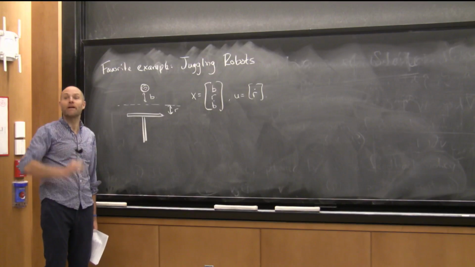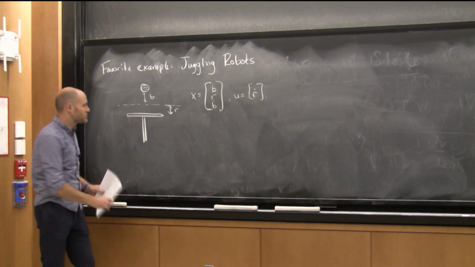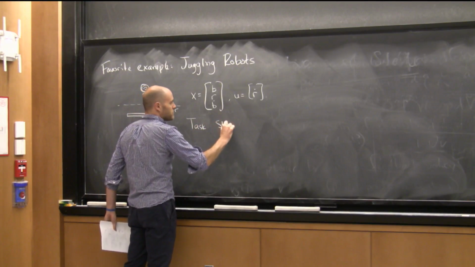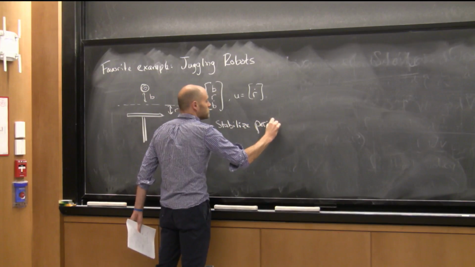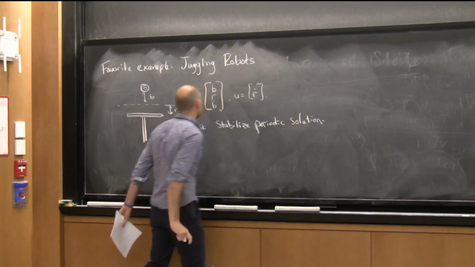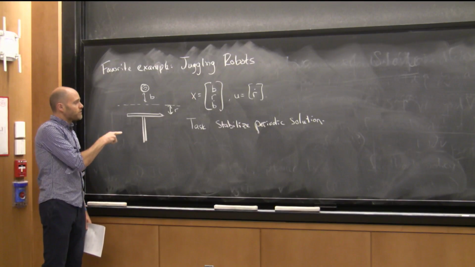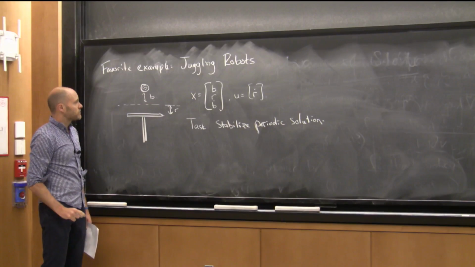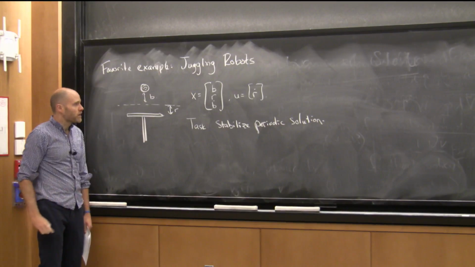So I want to stabilize the hopping height, the juggling height of the ball. Okay, so it turns out, that's a high-dimensional state space. Lots of interesting things can happen to the ball, even though it's restricted to one dimension.